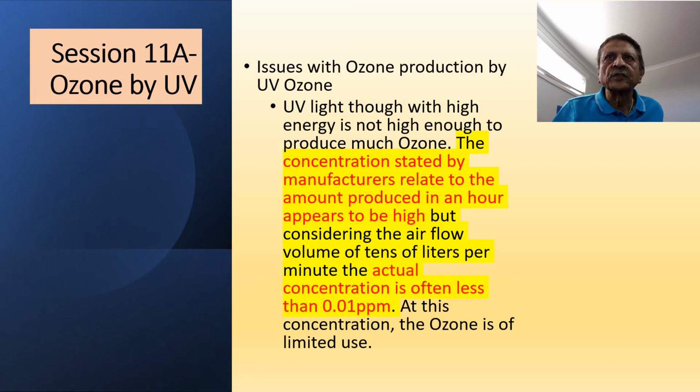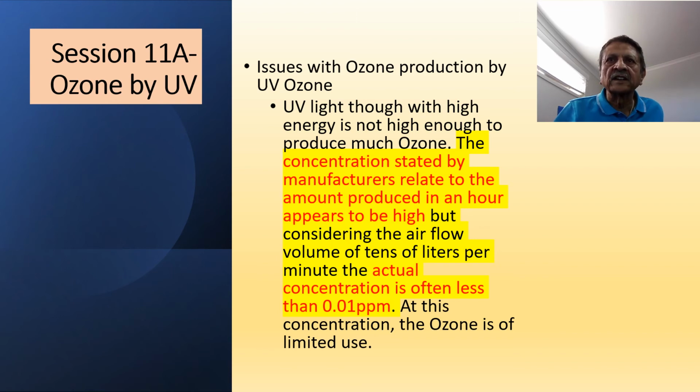There are some issues with ozone production by UV ozone. First of all, the UV light's energy is not high enough to produce much ozone. The output stated by the manufacturer is generally the amount produced in 1 hour, and will appear to be very high.